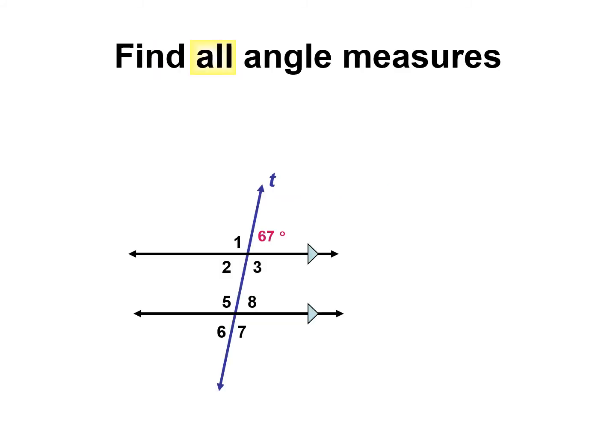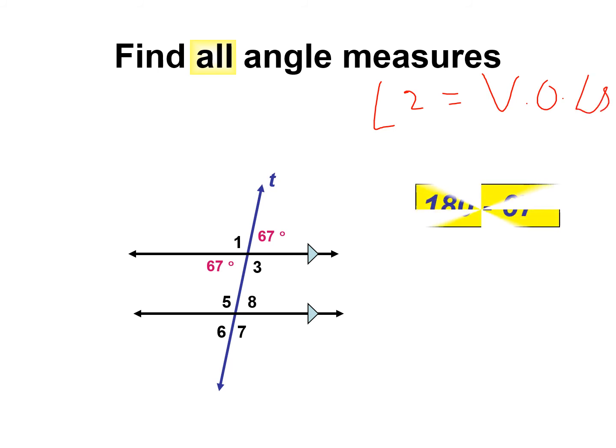Now let's discuss some more questions. One angle is given. You have to find all angle measures. So clearly angle 2 will be equal to 67. The concept is vertically opposite angles. Angle 2 is vertically opposite. Next, to find angle 1, we use the linear pair axiom.